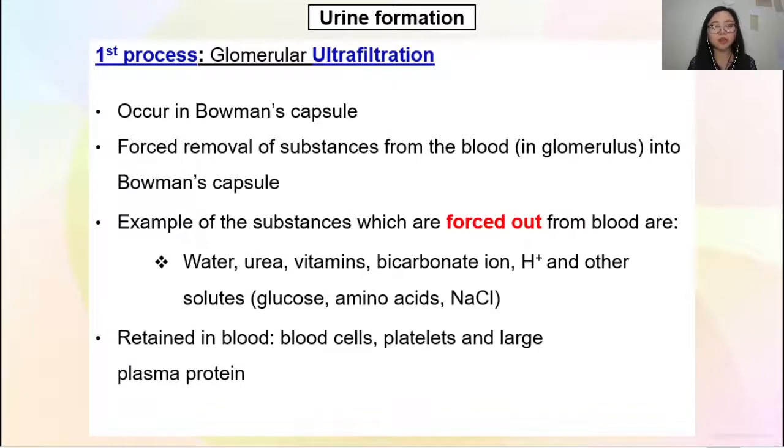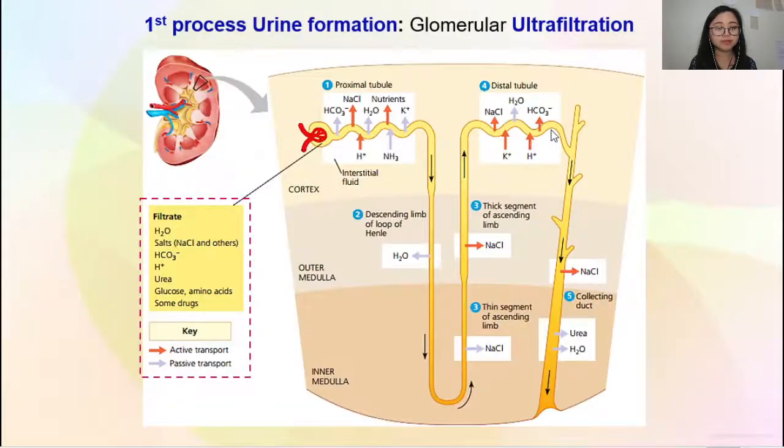Examples of things that are forced out from the blood are water, urea, vitamin, bicarbonate ions, hydrogen ions, and other solutes such as glucose, amino acids, and sodium chloride. Things that are retained in the blood are blood cells, platelets, and other large plasma proteins. So basically, small stuff will get filtered out of blood, big stuff stays in the blood.